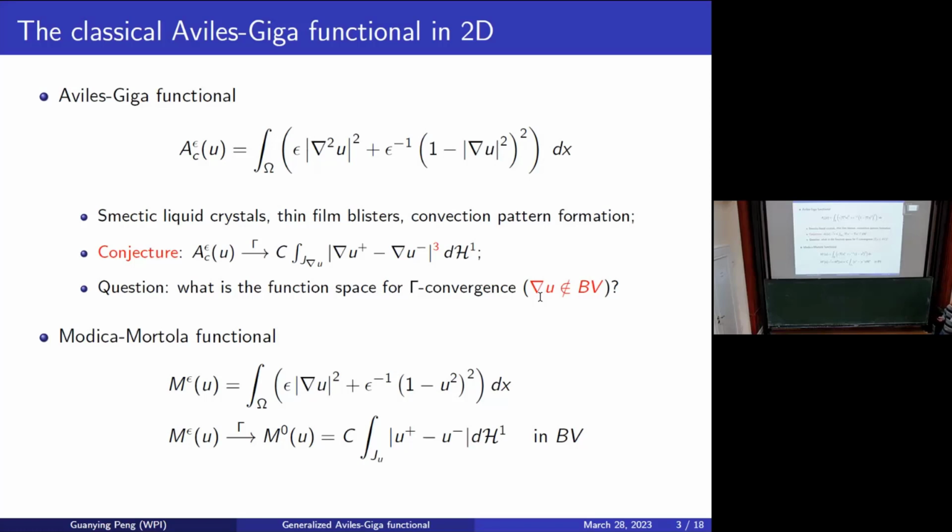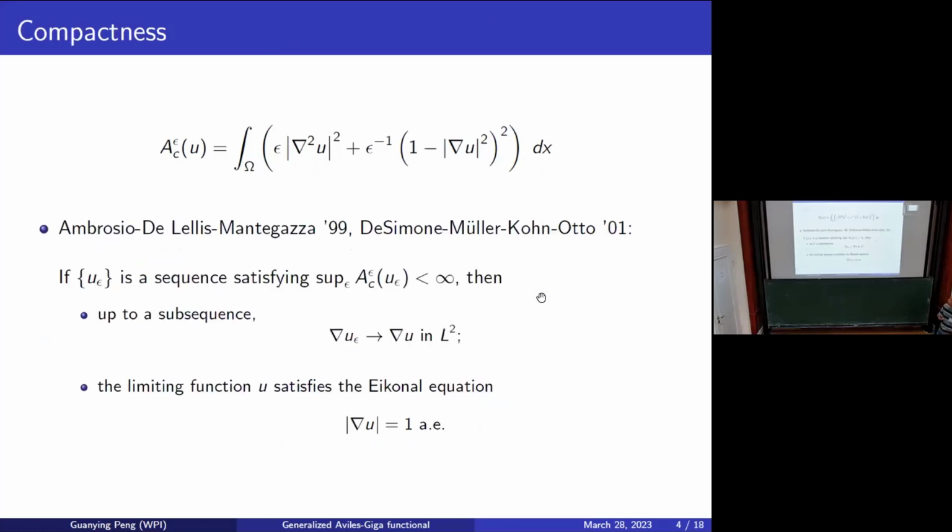For the gamma convergence of this problem, the lower bound part, I mean the liminf inequality, and compactness are settled. Specifically, the compactness was proved by these two groups of authors independently.